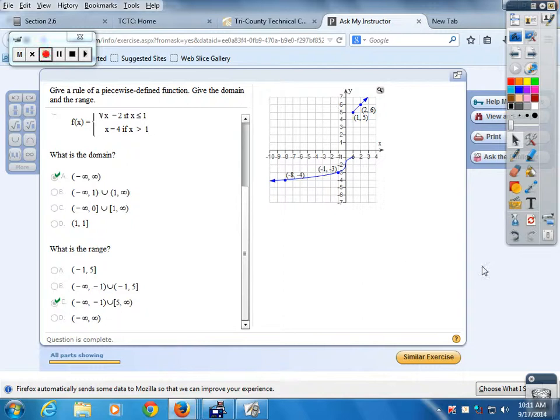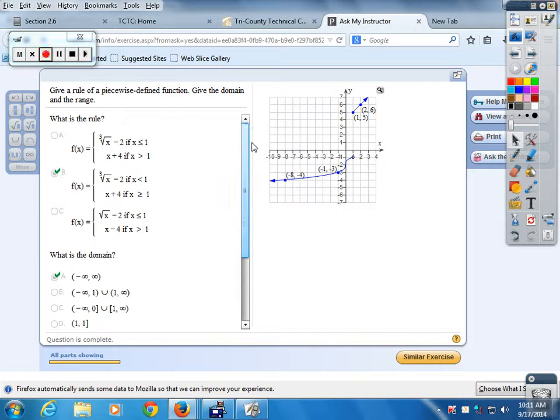Okay? So what they're telling you to do in these questions is describe the piecewise function. Which one matches? Then what's the domain? What are the x values that can be used? Yes, this one does have an open circle, but this one cancels this one out. So all real numbers are being used for the piecewise function.